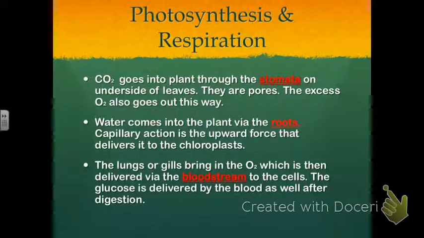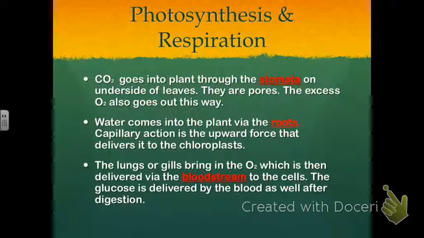Now, water, another necessary ingredient. Plants get water, if you remember from our water unit, capillary action is something that roots can do where water can defy gravity. And so water primarily comes into the plant through the root system. So that's why rain is so important, to soak the ground so the roots can then deliver water up to the chloroplast.